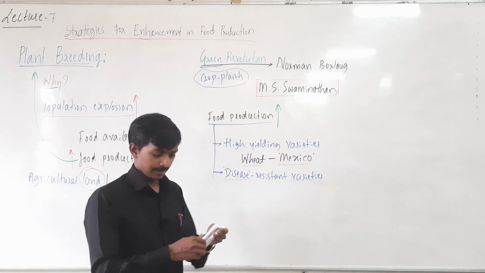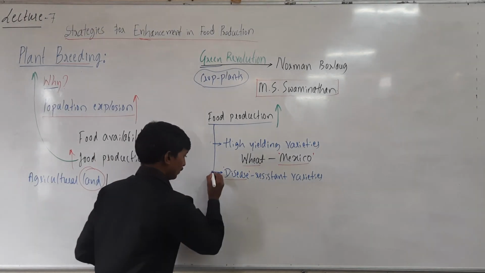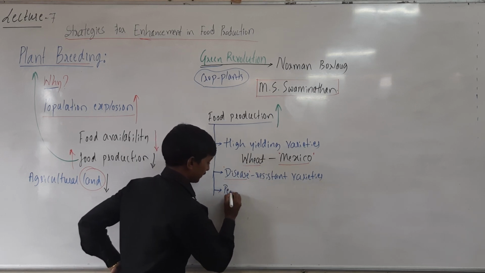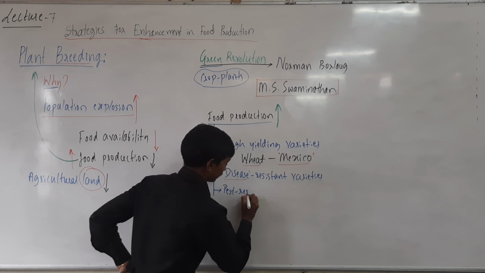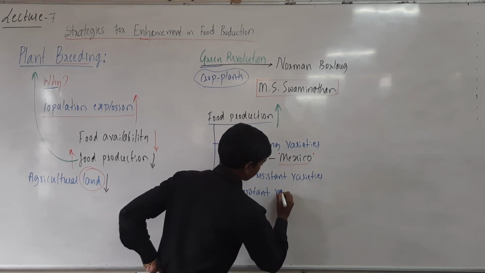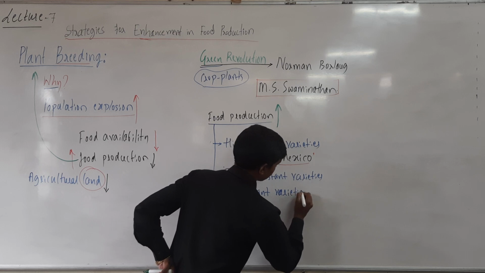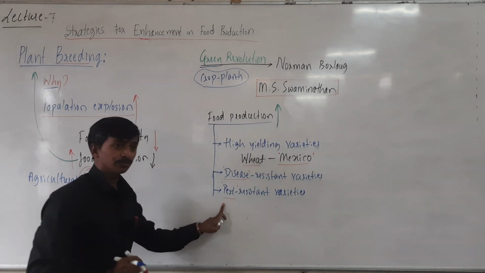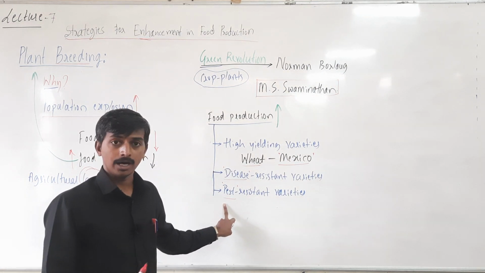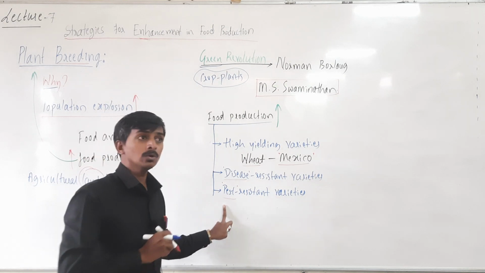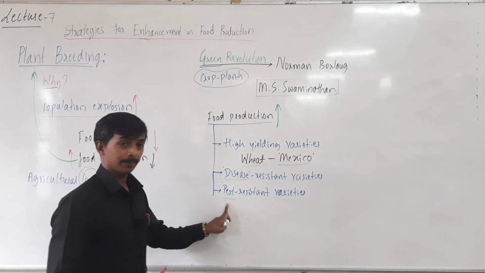Also, the plants must be pest resistant. Pest means any harmful insect. So, the plant must be able to resist the pest.